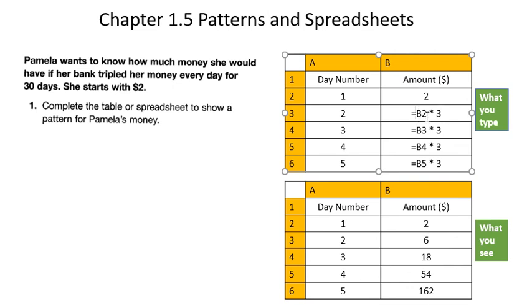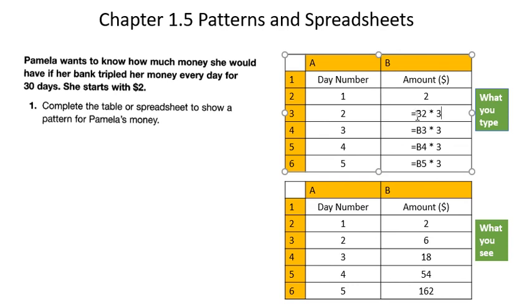So this equal sign is telling your spreadsheet that what you are about to type is a number and an operator. What that means is that it's giving this cell an instruction to follow. It's not just text to copy straight out, but it's an instruction. So once I put that equal sign, it becomes an instruction. The instruction is take whatever is in cell B2, that's what the B2 means. This star means multiply, and this 3 means multiply it by 3.